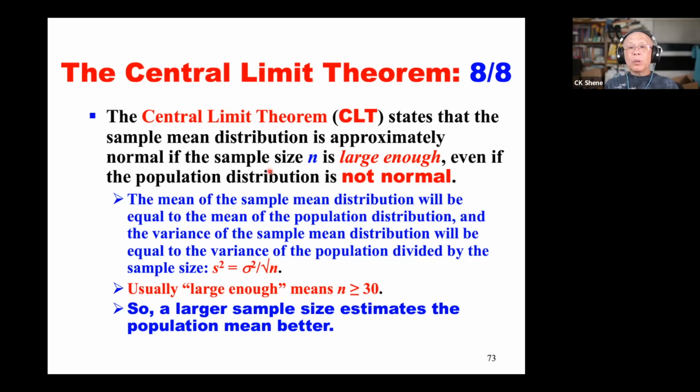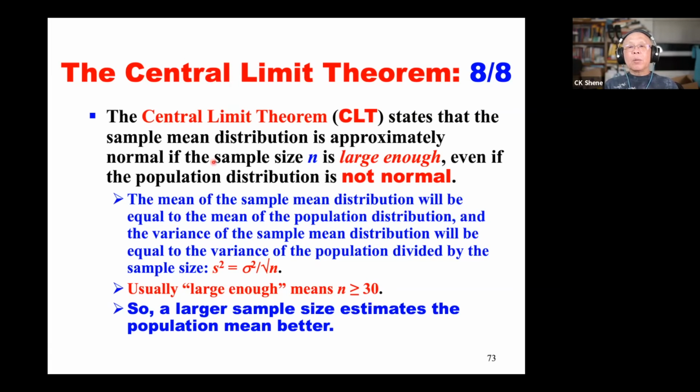If the sample size n is large enough, even though the population distribution is not normal, we have seen that. We generated samples from the uniform distribution, negative exponential distribution, and chi-square distribution. None of these three are normal. But the sample mean distribution seems to be quite normal.